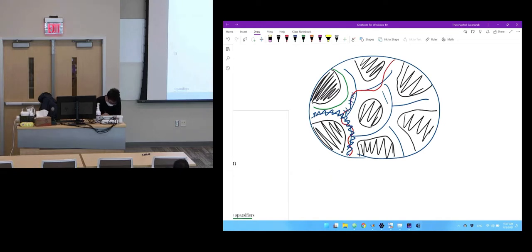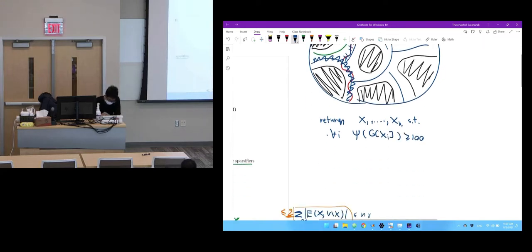So what we did is return V1, or in class we used x1 up to xk, such that for each i, the expansion psi of each xi is at least 100.